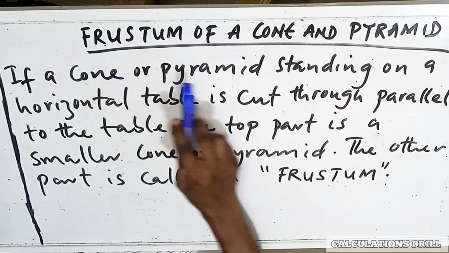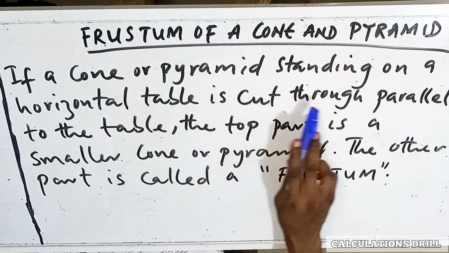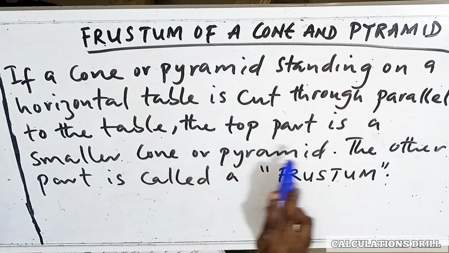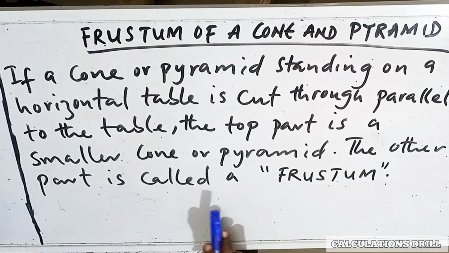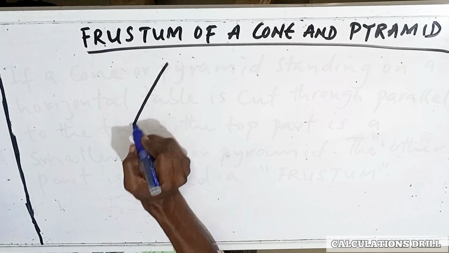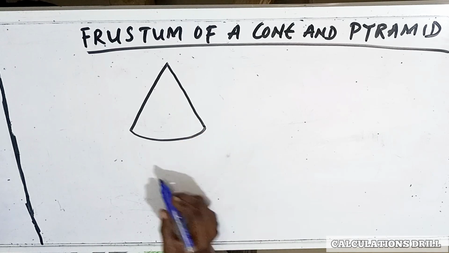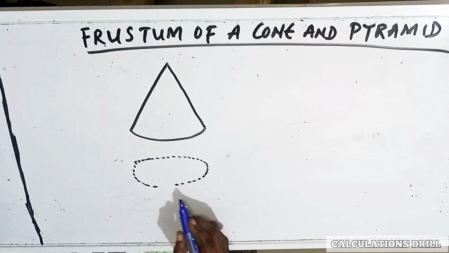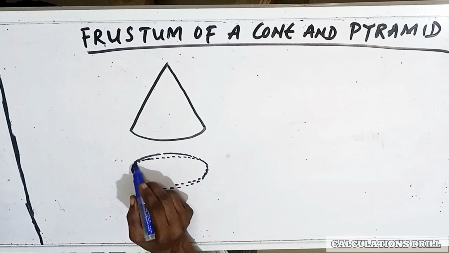Frustum of a cone and pyramid. If a cone or pyramid standing on a horizontal table is cut through parallel to the table, the top part is a smaller cone or pyramid. The other part is called a frustum. You can see from the diagram, I want to show you the diagram of a frustum as I described earlier on.